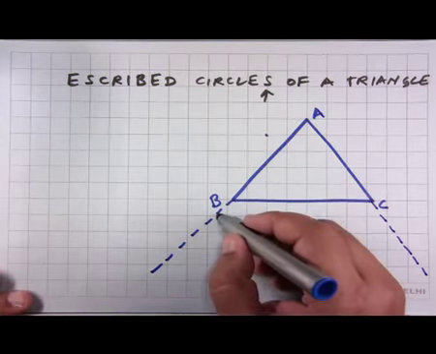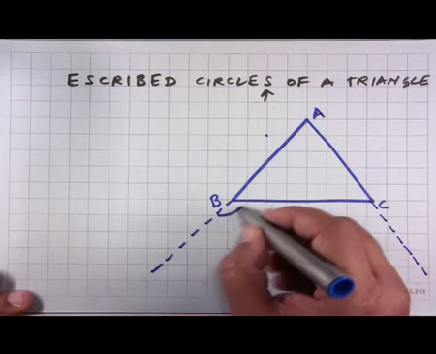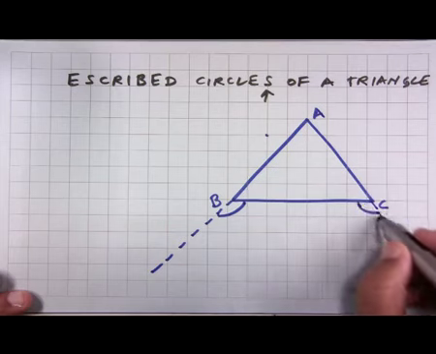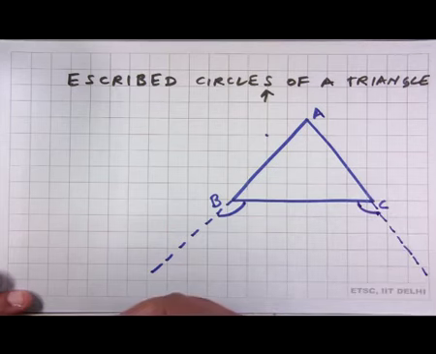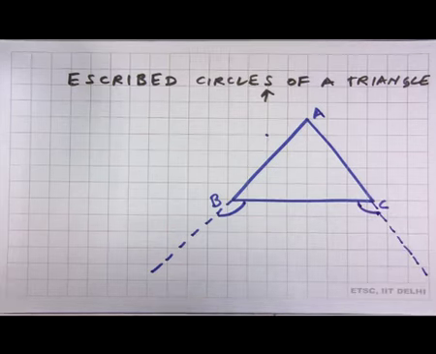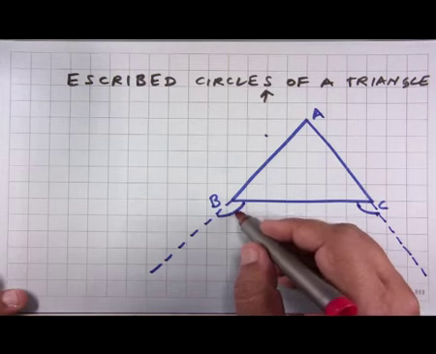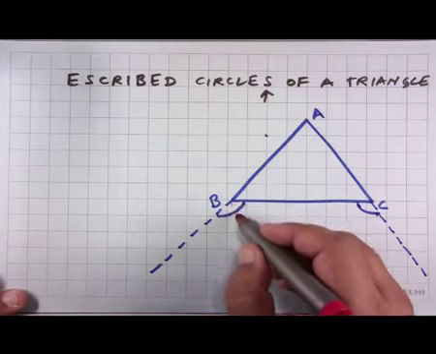We next consider the exterior angle of the angle B and angle C of the triangle ABC, and let us construct the angular bisectors.